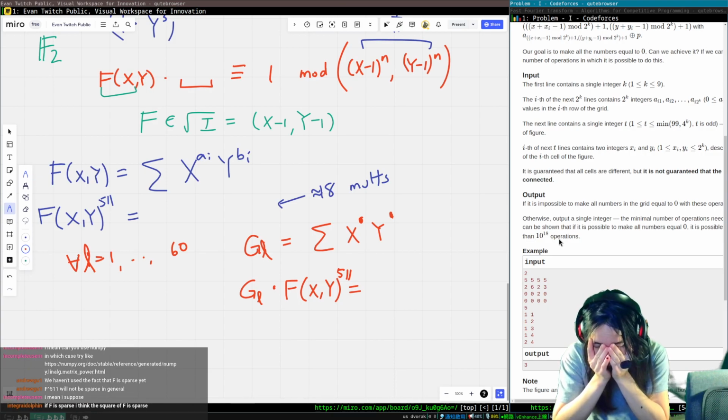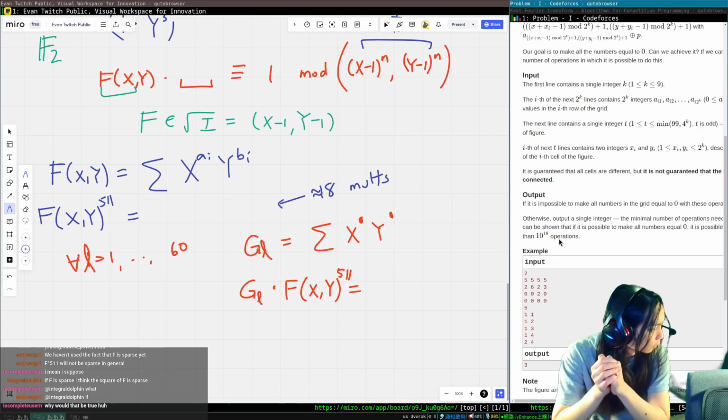I might need another idea before I can pull this off. F511. The square of a sparse thing is sparse.